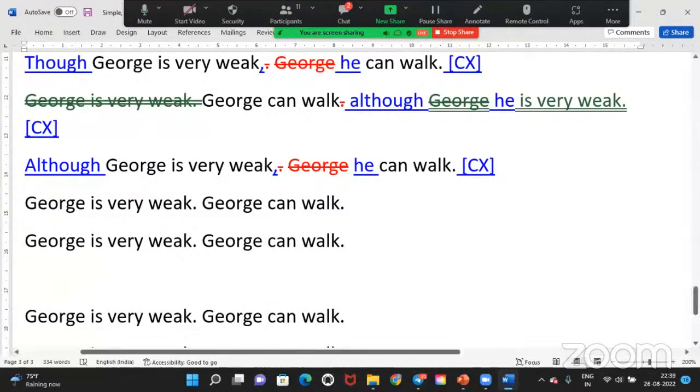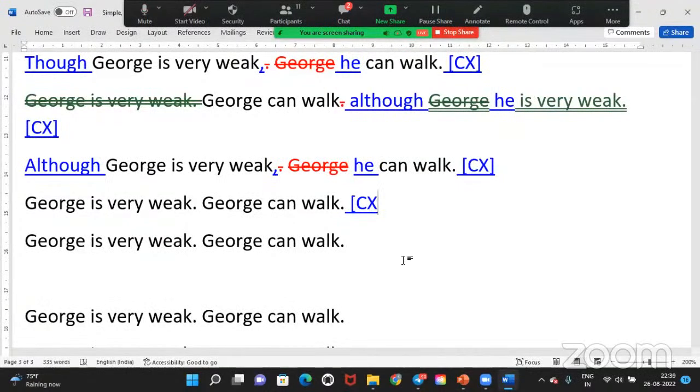Next one also complex. Okay, then what is this? There it is though is one word. Here it is although. It is two. It is a complex compound word. And now we are using double words.